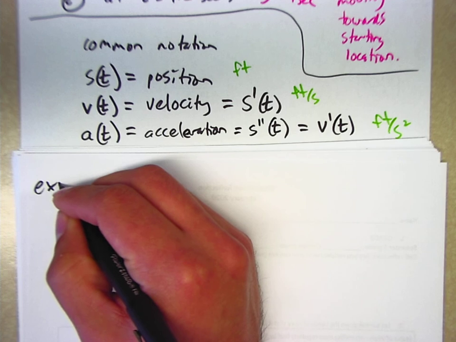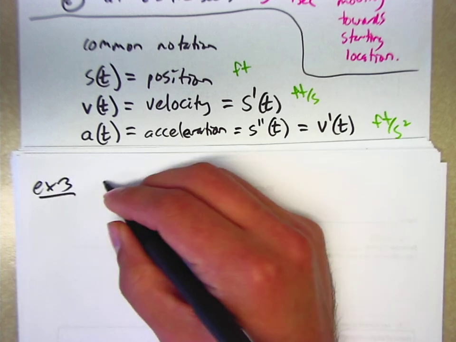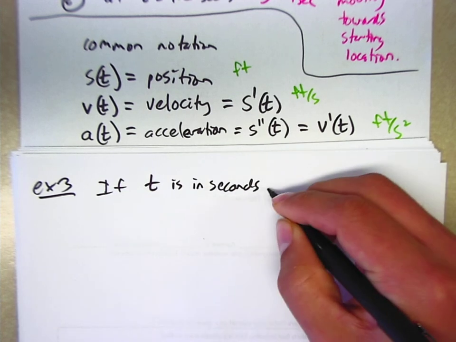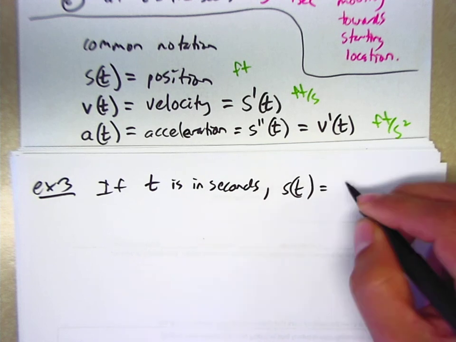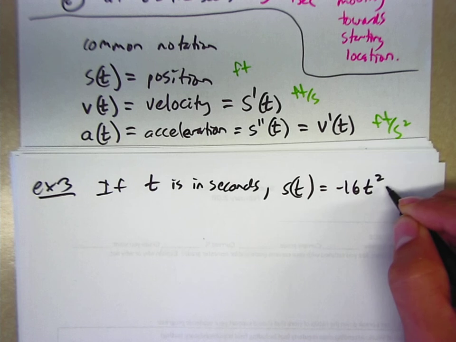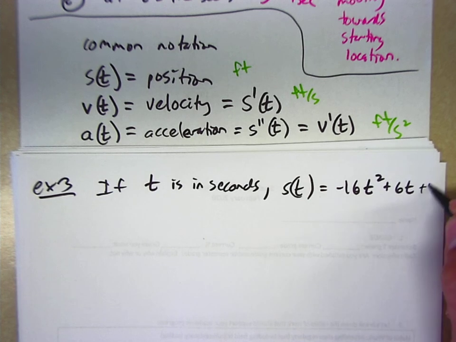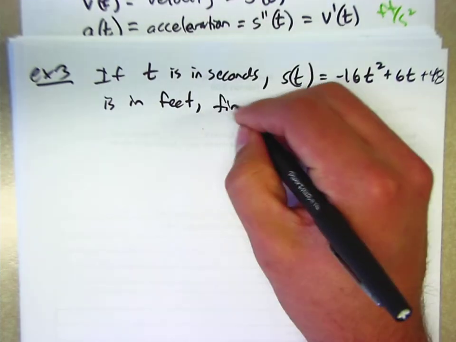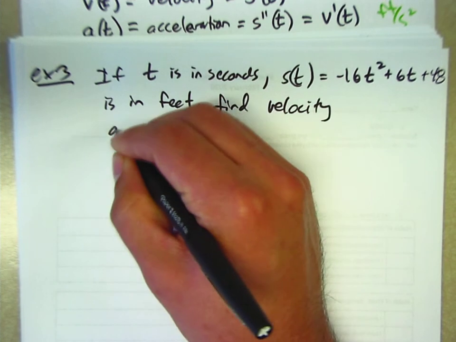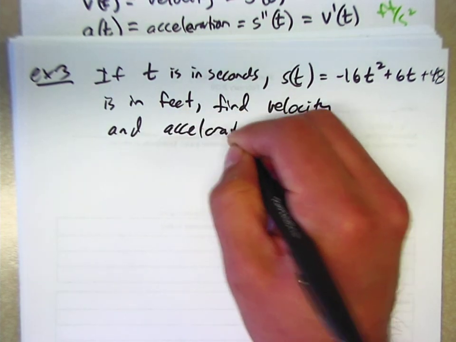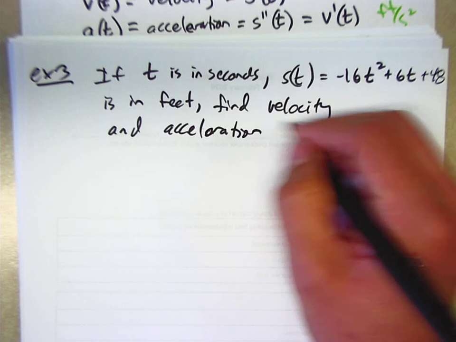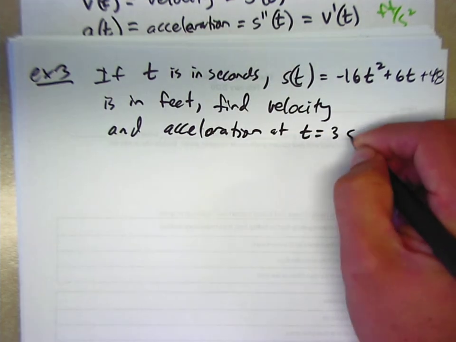Example 3. If t is in seconds and s of t equals negative 16t squared plus 6t plus 48 is in feet, find the velocity and acceleration at t equals 3 seconds.